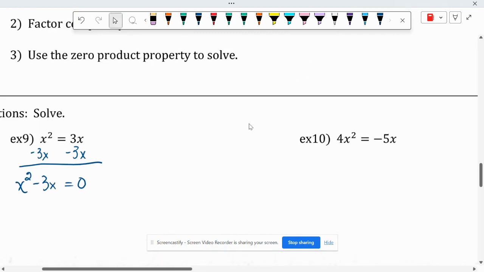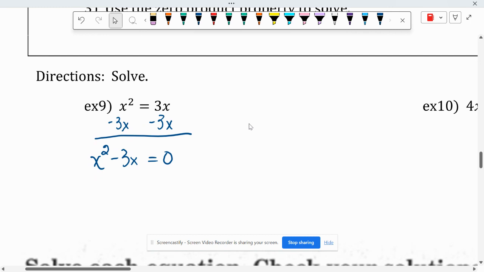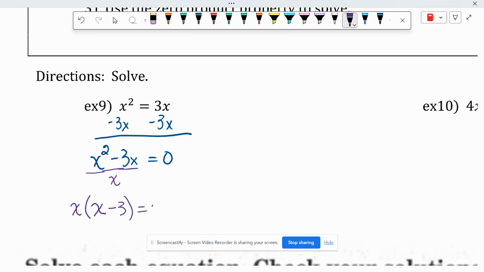We have to use one of the methods that we just learned, either factor by grouping or factor by GCF. Well, what do you see that you can take out of here? What can you divide both of these terms by? You can divide them by x. So you can rewrite this as x times the quantity. Let's see. X squared divided by x is x. And negative 3x divided by x is negative 3.